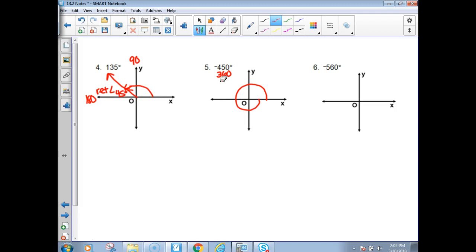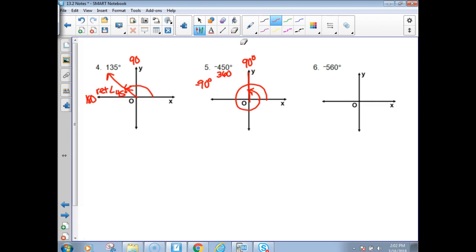I'm going to add 360 now, and that's going to give me negative 1. Oh, no, negative 90, isn't it? Okay, so that means I got to go back. All right, I went around negative 360, and then I got to keep going to 90. So I want you to talk about this one. That's 90 degrees.